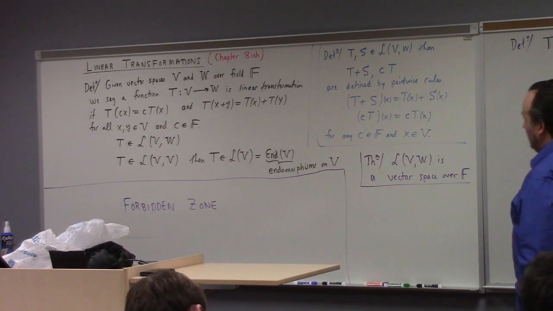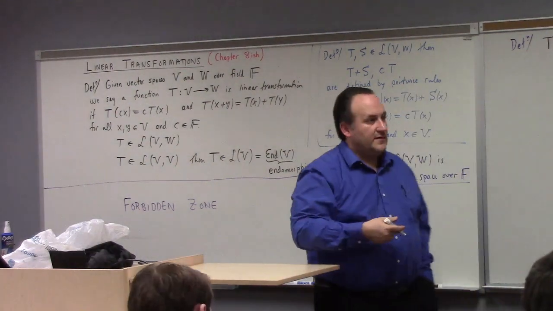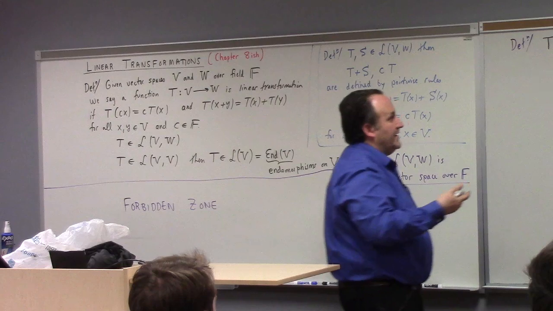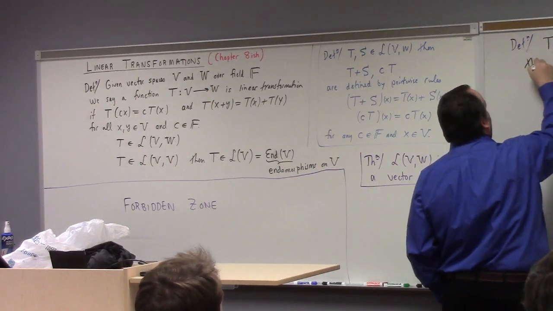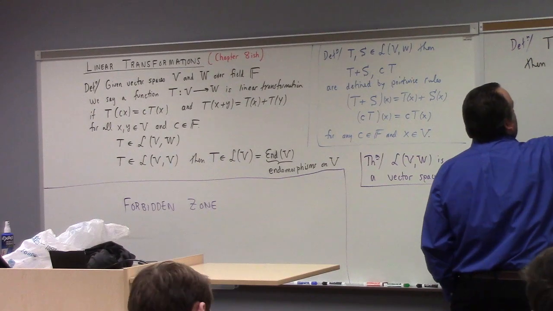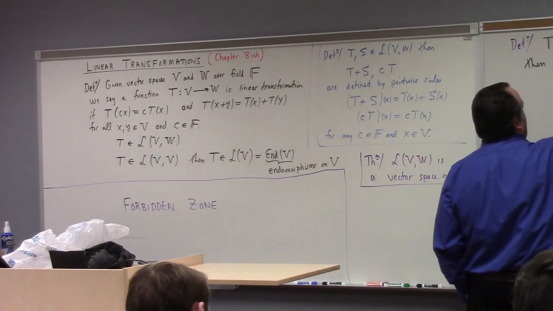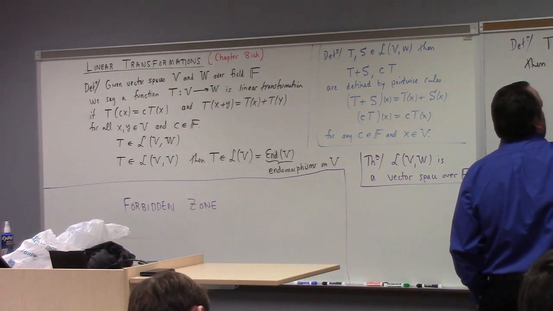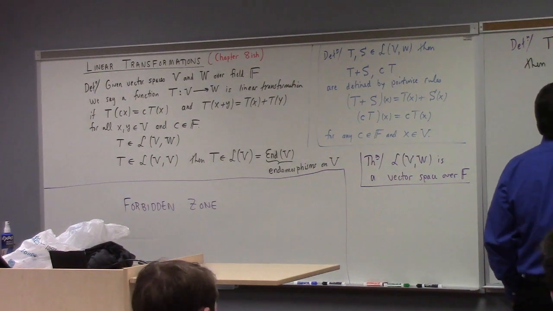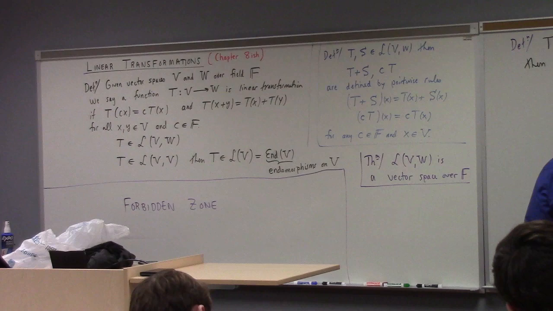Here, U, V, and W, all vector spaces over F. And I want to assume that S and T are both linear transformations. Okay? Then, if T is an element of linear transformations from V to W, and S is a linear transformation from W to U.